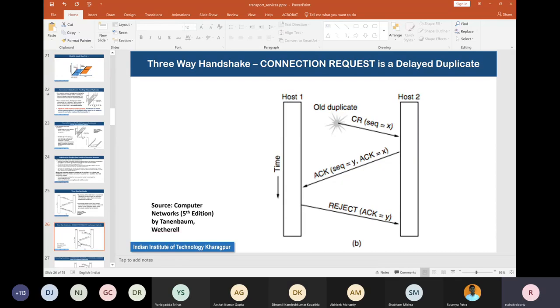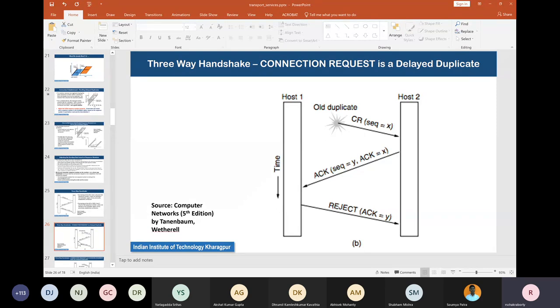And I'm acknowledging that your starting sequence number, the next packet that you send, the first data packet that you will send, will have x. Now, when this acknowledgement reaches host 1, it says, "Arey, I do not have anything pending in which my next data packet should be x for host 2.